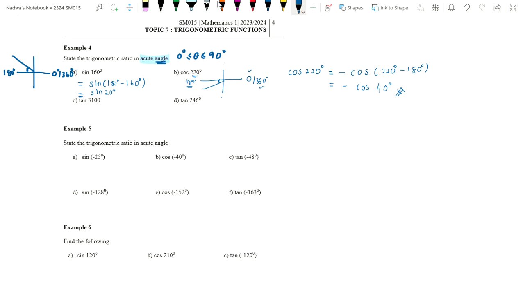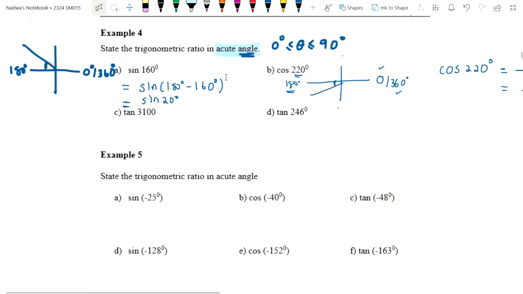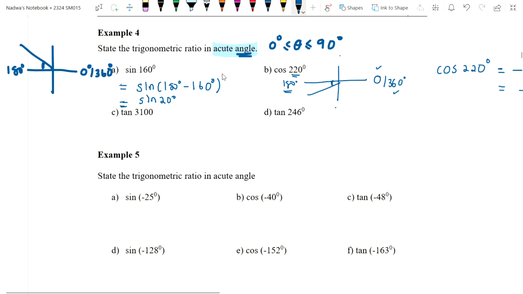Okay, because we want the angle in the acute quadrant or in the first quadrant. Okay, so there is a typo here. It shouldn't be 3100. The question actually wants to ask us, let me zoom in for a bit. Yes, the question actually wants to ask us tangent 310 degree. Okay, so first we have to identify where our 310 degree is.